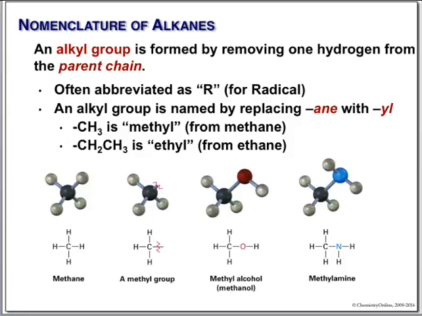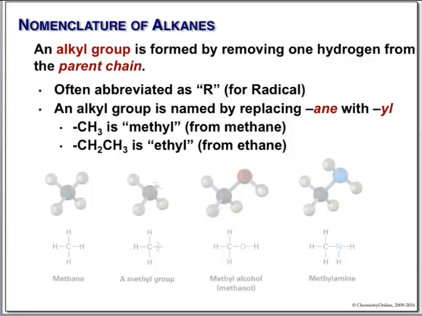This also works for other functional groups. Something with an OH in it is called an alcohol. This has a 1 carbon chain, so it's methyl alcohol. This is an amino group, it's our nitrogen. Again, 1 carbon chain, this is methyl amine. So the same basic scheme of nomenclature is used for all of them.